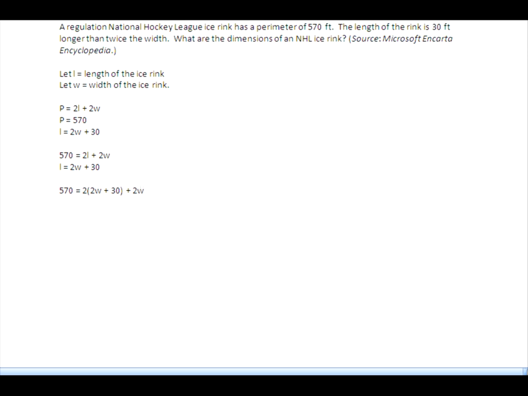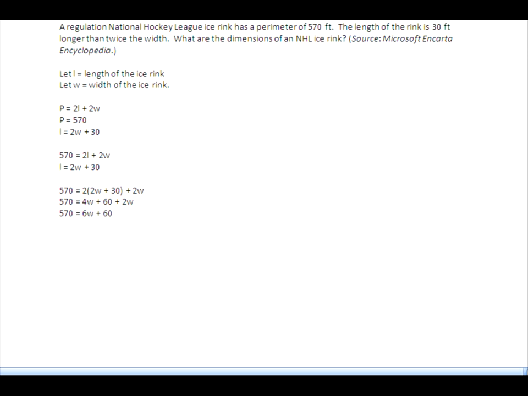And now I'm going to solve that for the variable W. So 570 is equal to, distribute, and I'll have 4W plus 60 plus 2 more W. Then I'll combine like terms. 570 is equal to 6W plus 60.